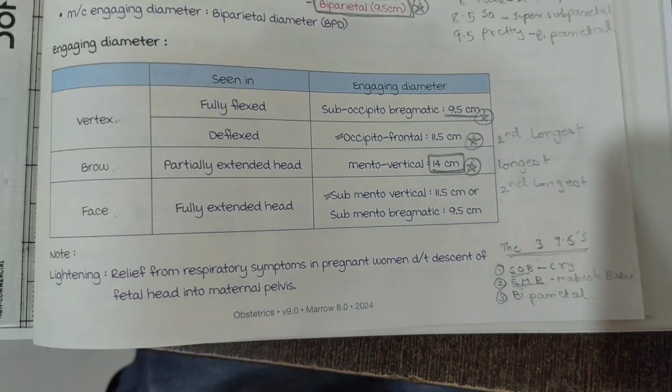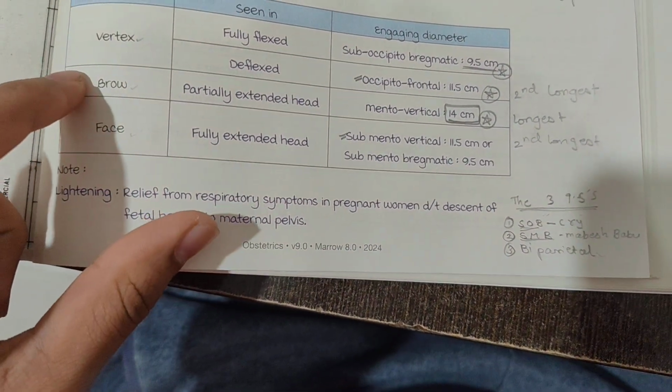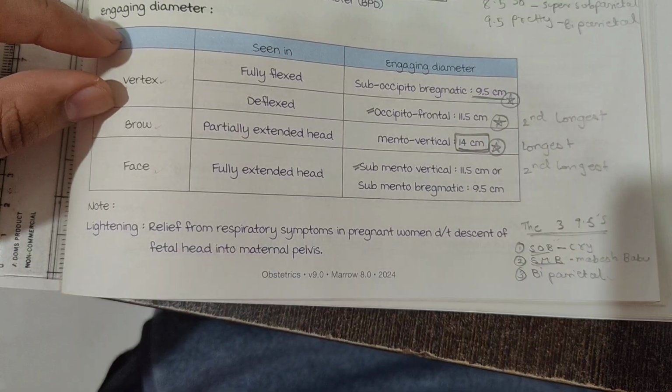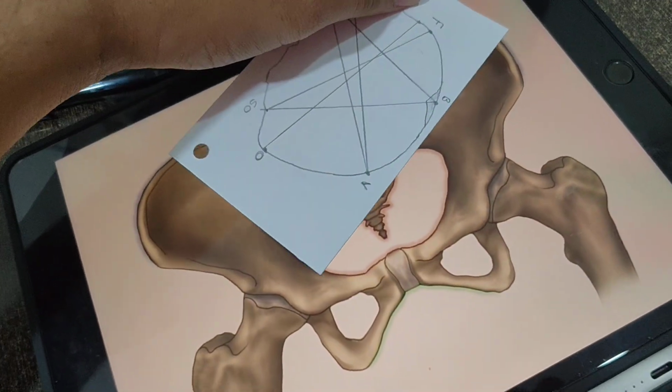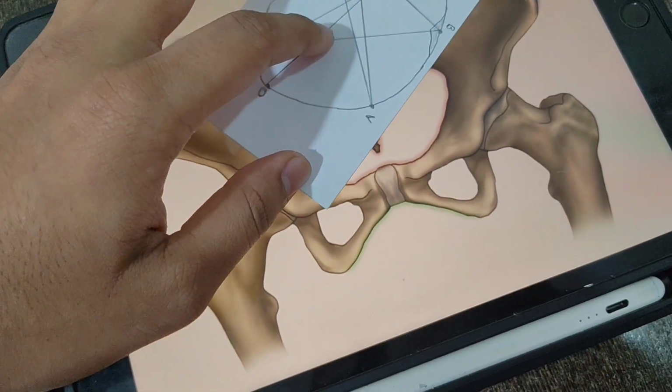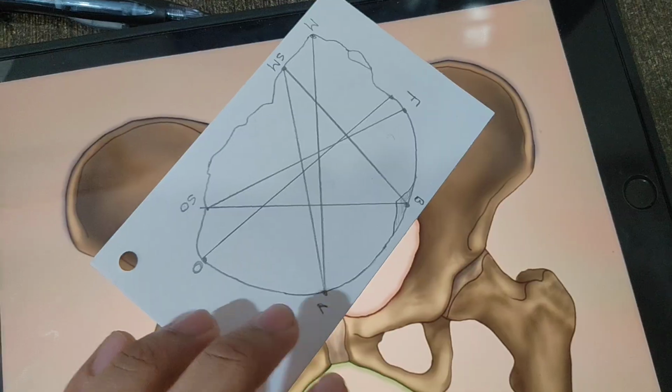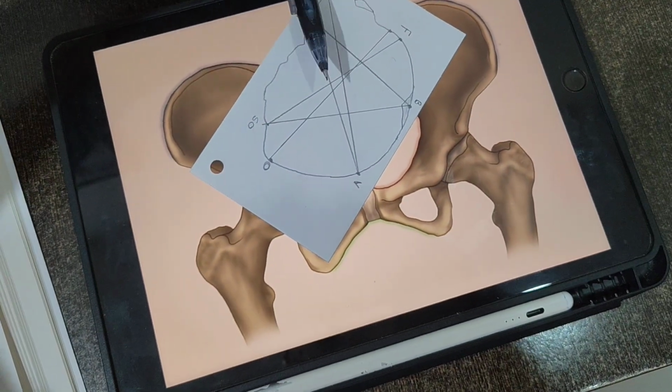And here also, even in the engaging diameter table, we can see it goes from vertex. What was the presentation in vertex? I'd recommend you make one of these for your own understanding if you've got the time. So you've got the vertex. In a fully flexed position, this was our neck.